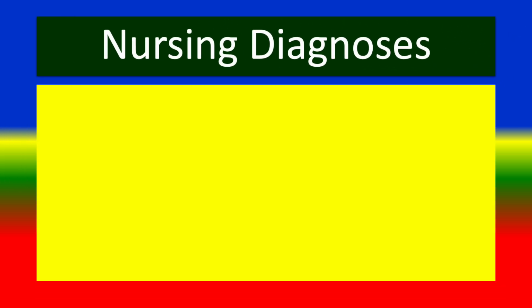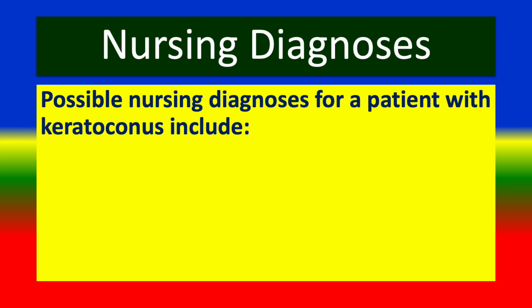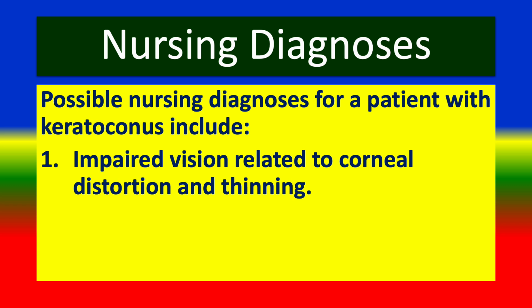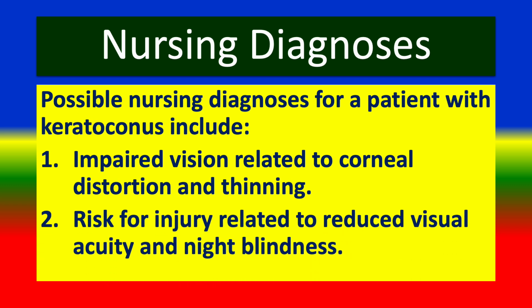Nursing diagnosis. Possible nursing diagnoses for a patient with keratoconus include: 1. Impaired vision related to corneal distortion and thinning. 2.